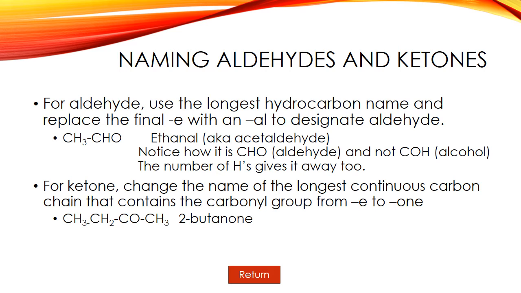If I number it from the right, the second carbon has that double bonded O. So it's 2-butane because it's 4 long, but I changed the E to an O-N-E, so 2-butanone. So if it's an aldehyde, you get an AL ending. If it's a ketone, you get an O-N-E ending and a number. Those are the only added rules for naming aldehydes and ketones.